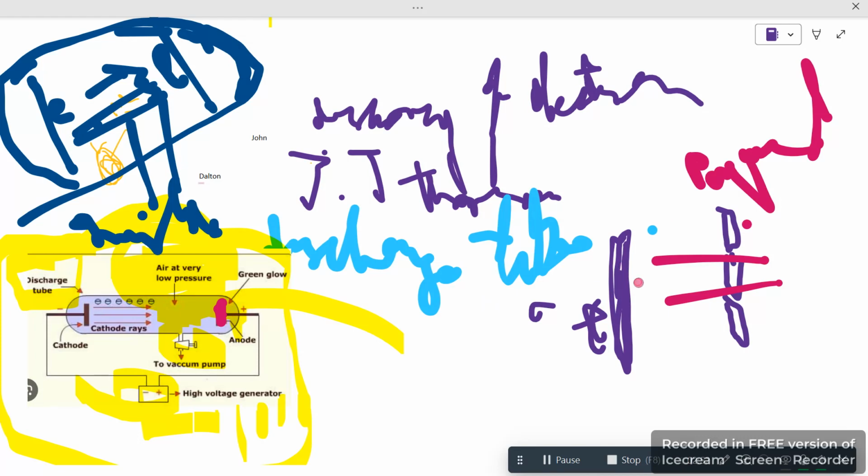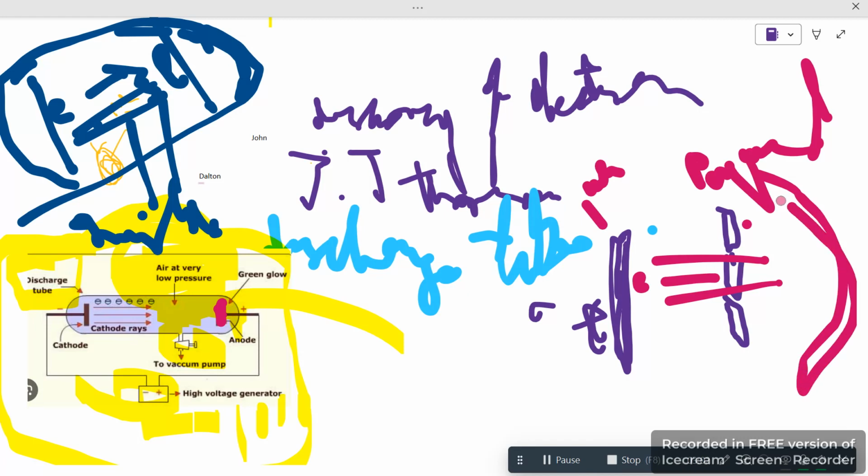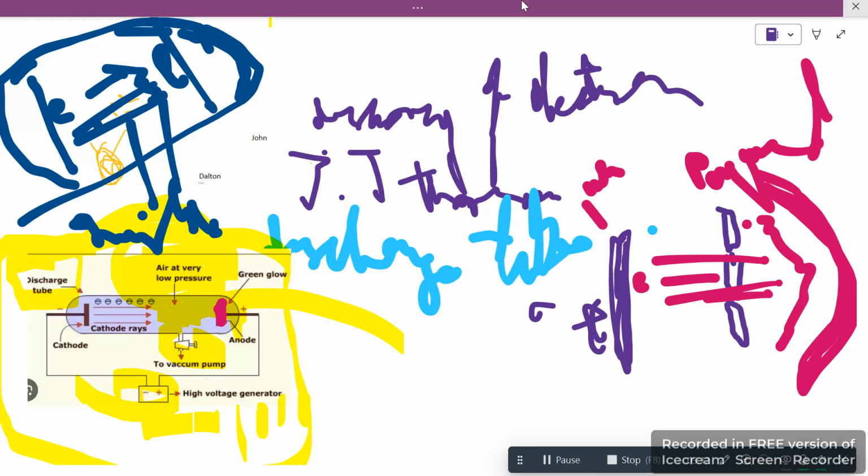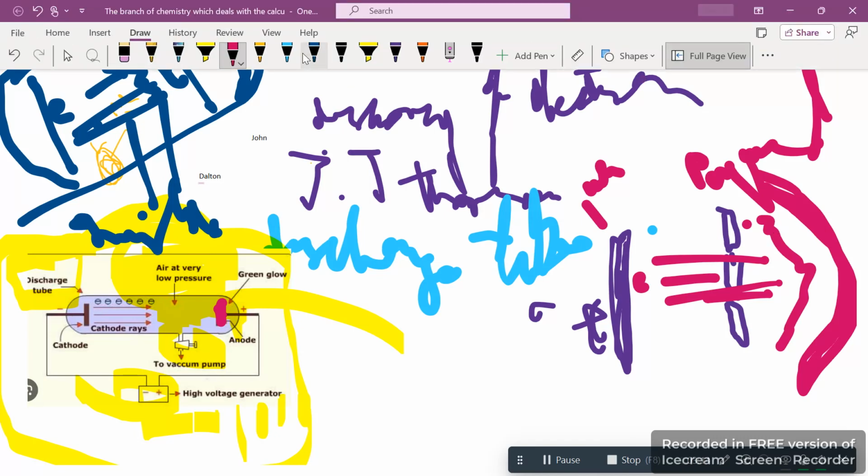If you think that electrons are moving from the cathode to this, how are they going to another structure which we have at the end? It's because of the holes. When electrons move, they go through this, and here you will find a structure with fluorescence, which simply means having light.